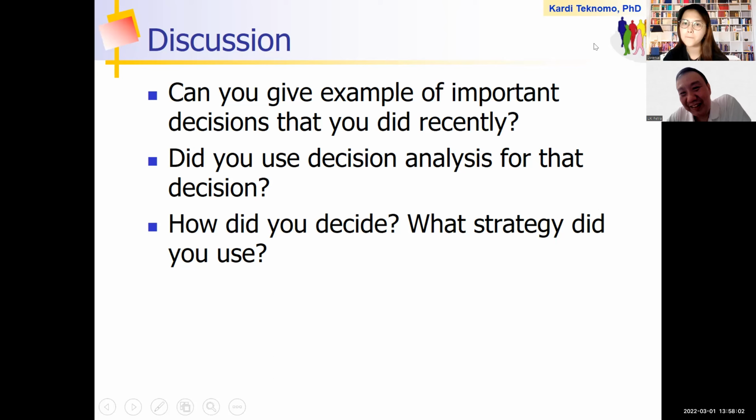What decision did you make recently? An important one, up to you. I decided to take my TOEFL without studying. Wow. So the decision is to take TOEFL.